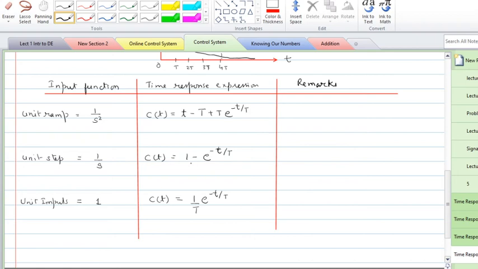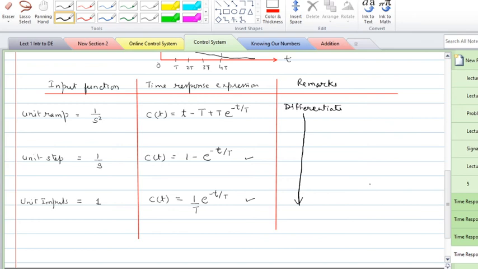Similarly, if we differentiate this equation, then we will get this equation. So, differentiating a particular response will give the response of unit step, or unit step's differentiation will give you the response for unit impulse.